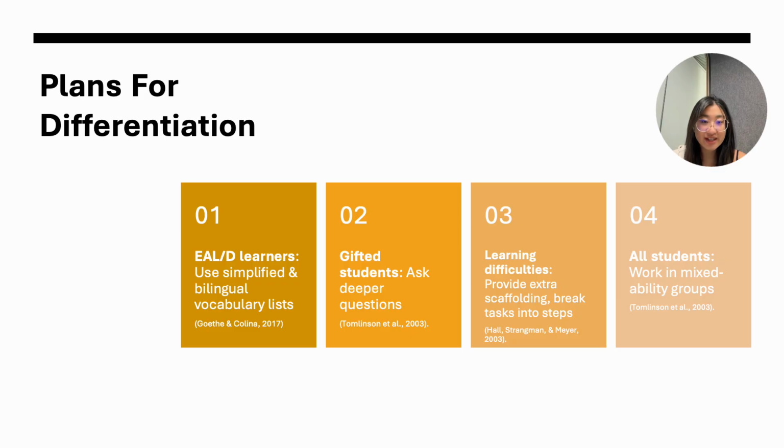For the differentiated students, English as an additional language learners will use simplified and bilingual vocabulary lists, and the gifted students will ask deeper questions. The students with learning difficulties will be provided extra scaffolding, and tasks will be broken into steps, but all the students will work in a mixed ability group.